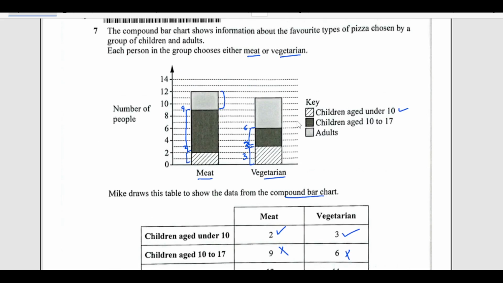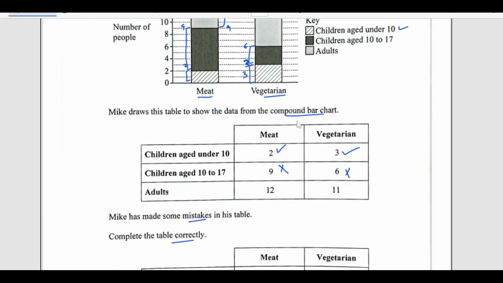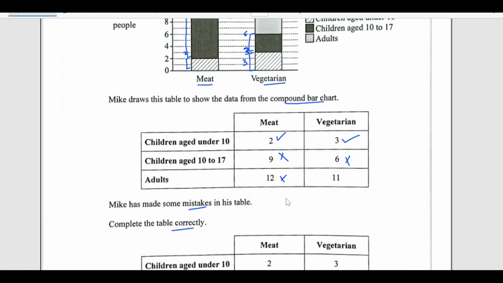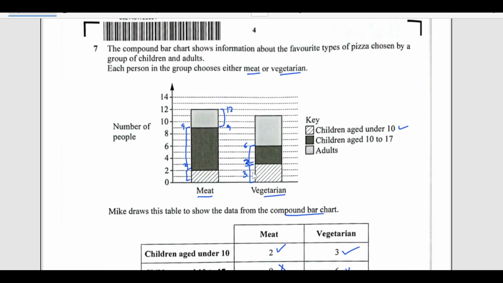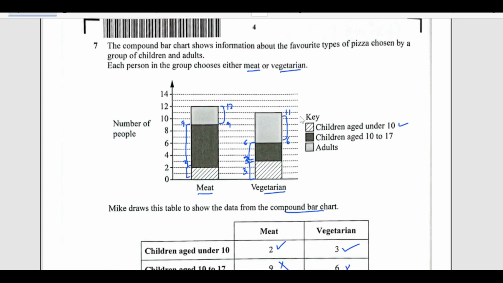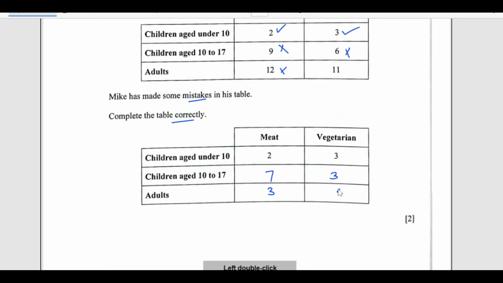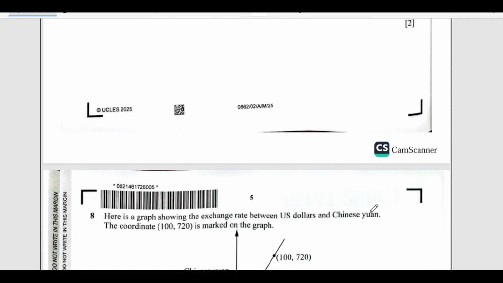This is 9 and this is 12. 12 minus 9 should be 3, so this is also wrong. This is going to be 3 here. On the other side, this is 11 and this one is 6. 11 minus 6 is 5. So this is supposed to be 5. This is how you take the correct reading of this.